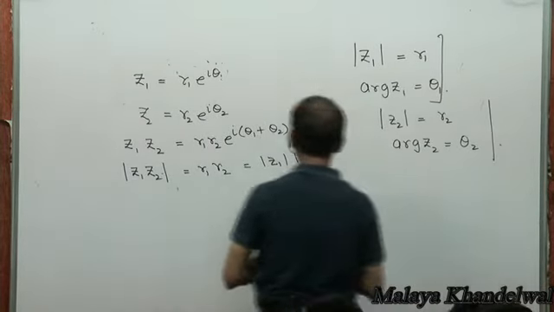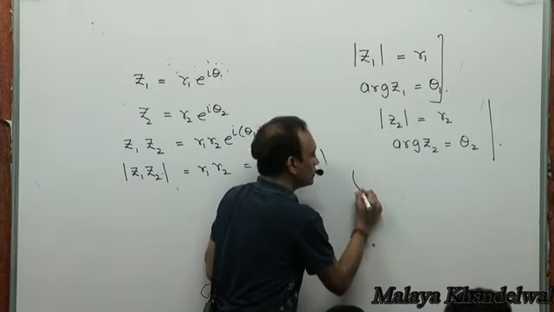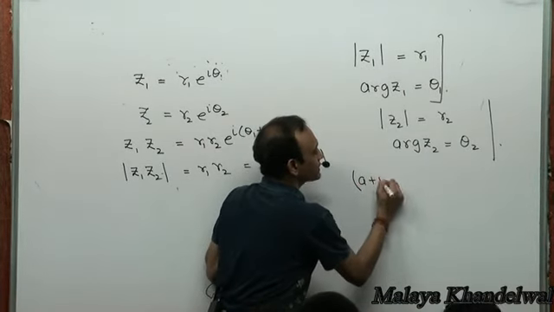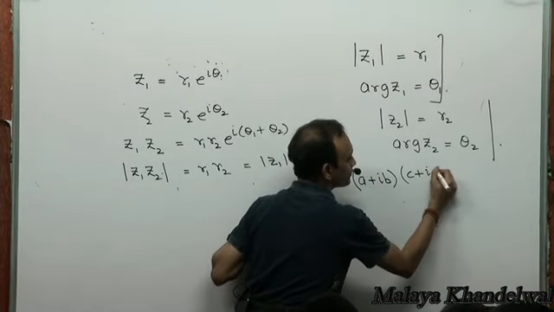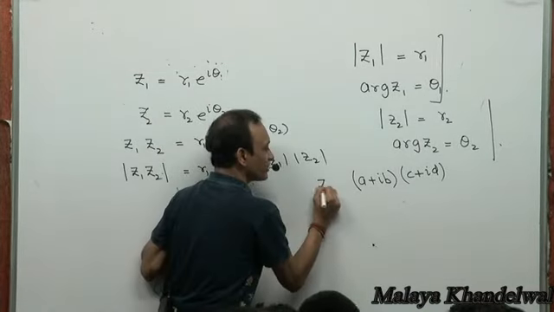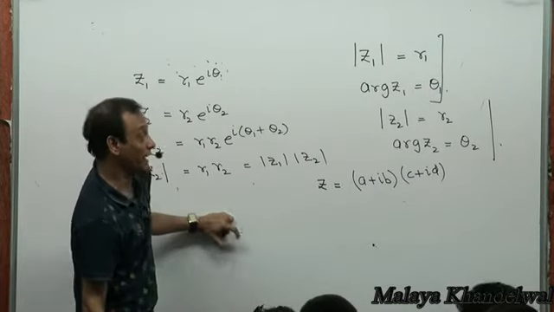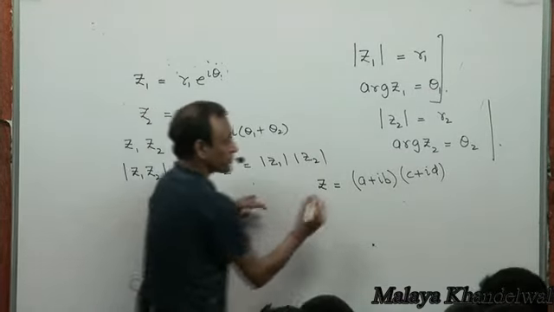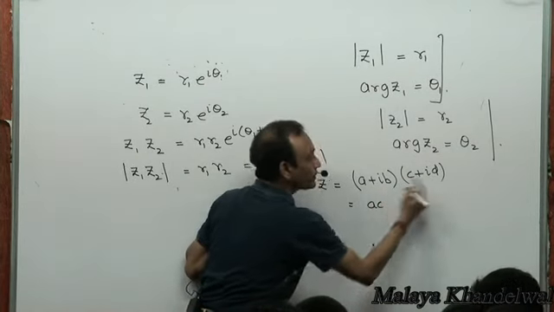Say for example, I have a complex number a plus ib and a complex number c plus id. This is a complex number z, for example. Now, one way I can find its modulus is by actually multiplying. So I get ac minus bd.